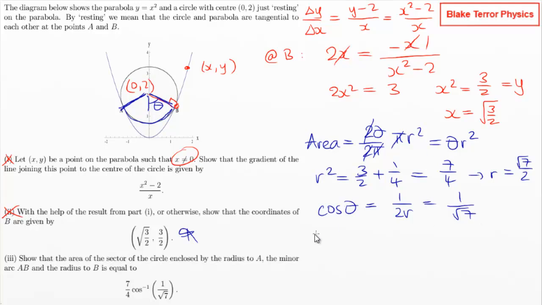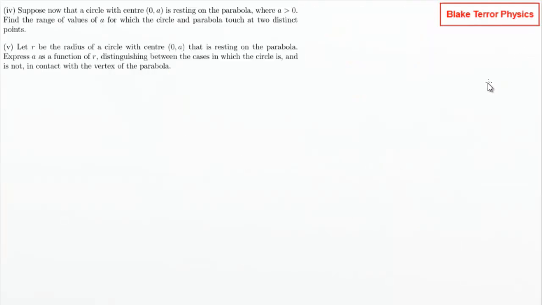So we put all this in, we should be fine. So the area is r squared, which is 7 over 4, and then theta, which is inverse cos of 1 over root 7. Right, that was fine, I think.